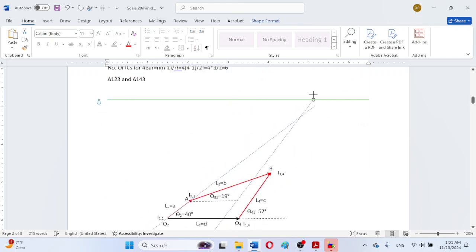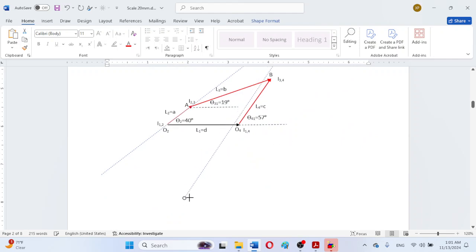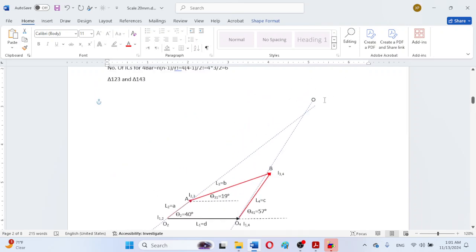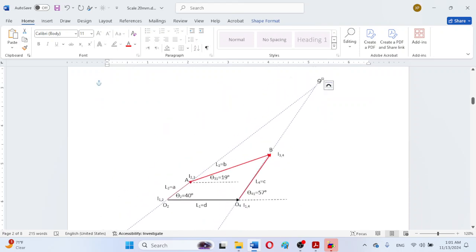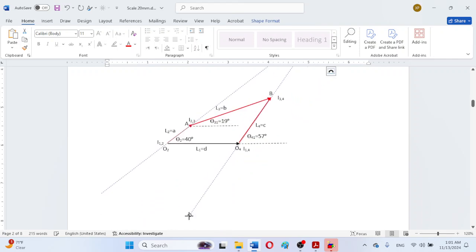We place it collinear, exactly overlapping the original linkage connecting the instant center I1 comma 4 and I3 comma 4.